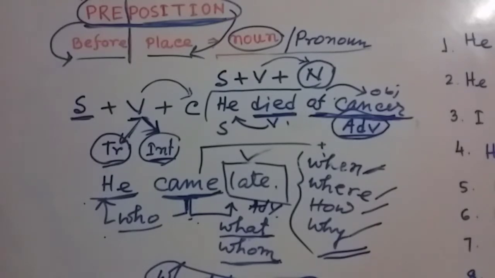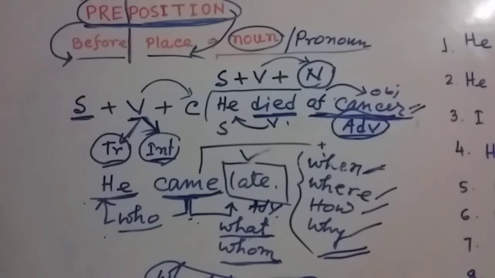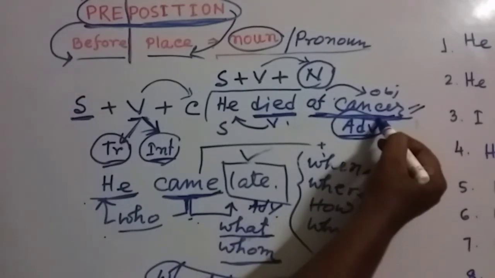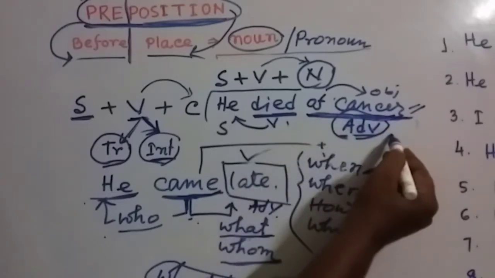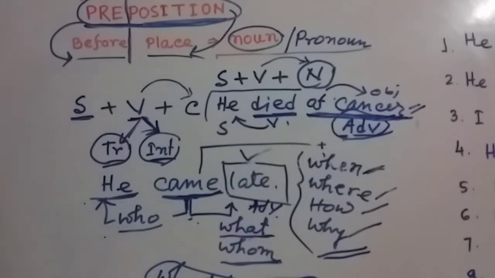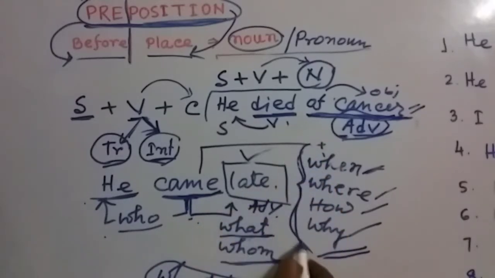My dear friends, the preposition actually changed the behavior of the noun, the manner of the noun. It was a noun some time before. Whenever we used the preposition, this phrase became the adverb. And my dear friends, I have told you, if this is a preposition, obviously you will get the answer by using these WH words.